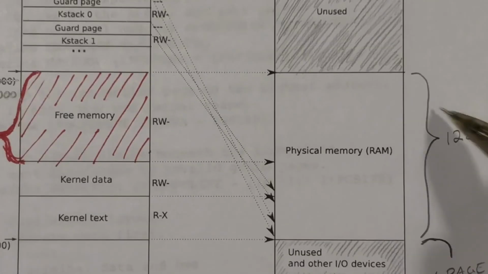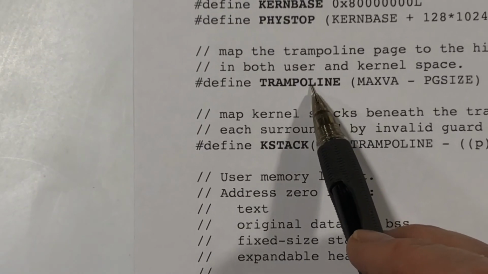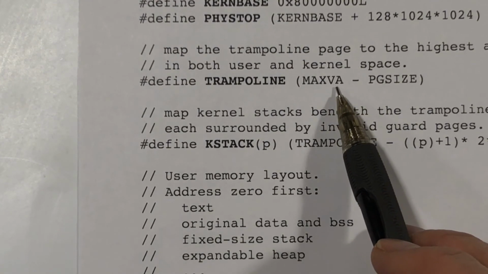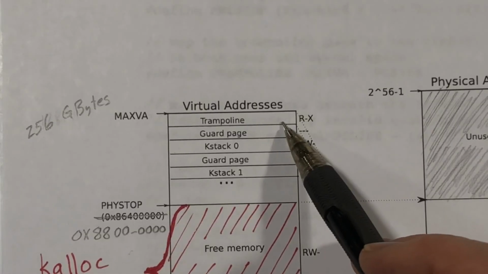PHYSTOP is giving this address right here. This constant TRAMPOLINE gives the address of the trampoline page, which is the maximum virtual address, 256 gigabytes, less 1 page. So that's this point right here.